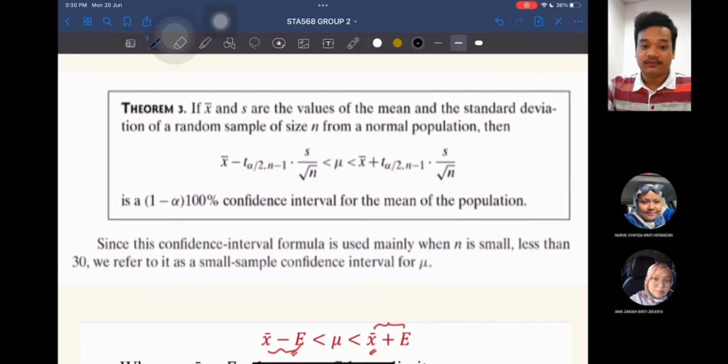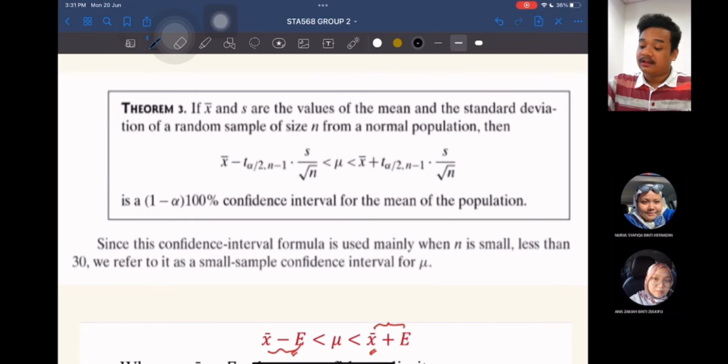Now we will look at the formula for case 2. If x bar and s are the values of the mean and the standard deviation of a random sample of size n from a normal population, then x bar minus the critical value, which is t sub alpha over 2, n minus 1, multiplied by the standard error, which is s over square root of n, is less than mu, the population mean, and the population mean is less than x bar plus t sub alpha over 2, n minus 1, multiplied by s over square root of n.